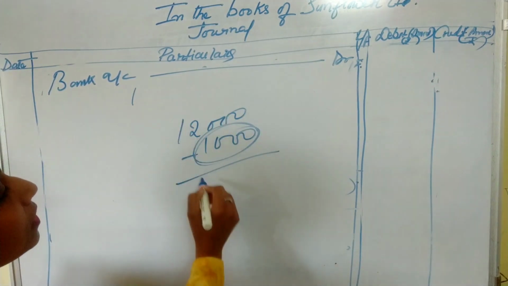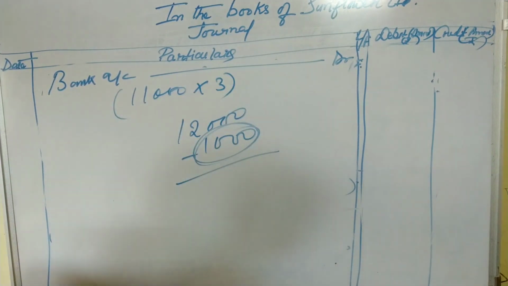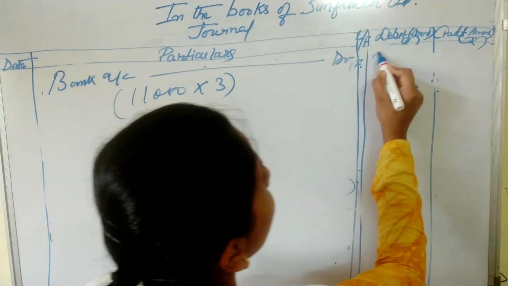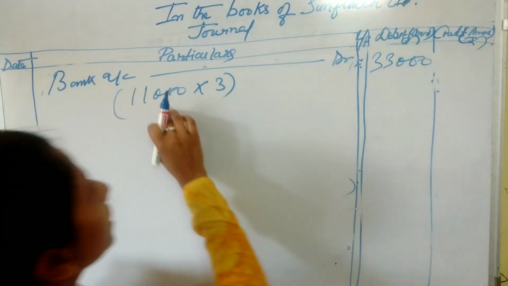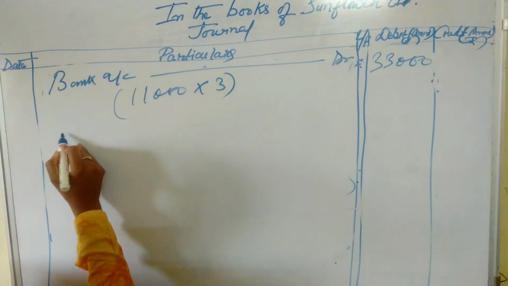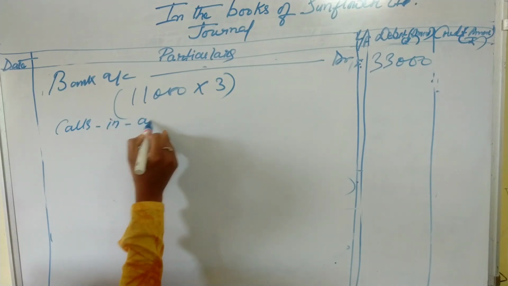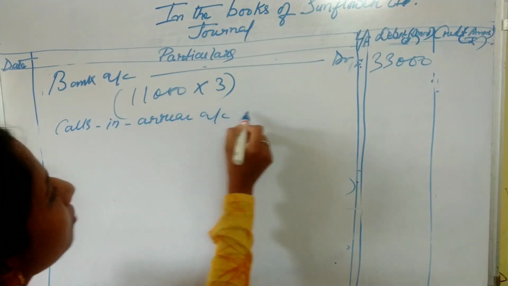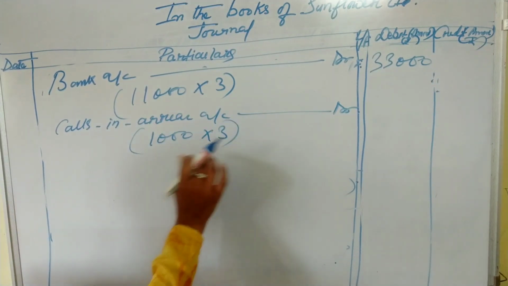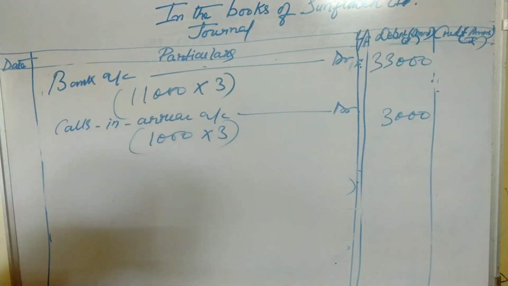So our numbers of shares now will be 11,000 multiplied by 3, 33,000. The 1,000 shares money is not received by the company. So this is calls in arrear account debit. Now 1,000 multiplied by 3, that is 3,000. Clear? 3,000.